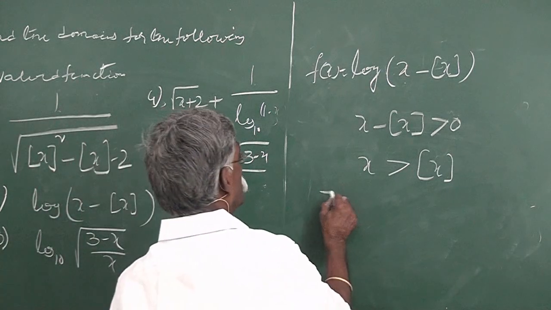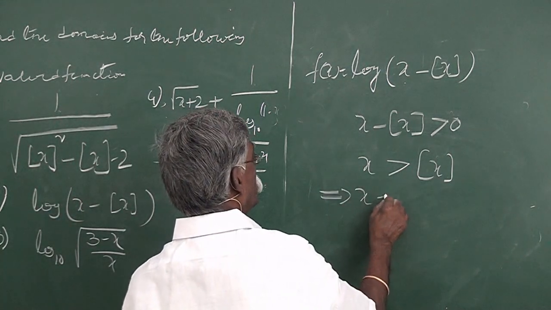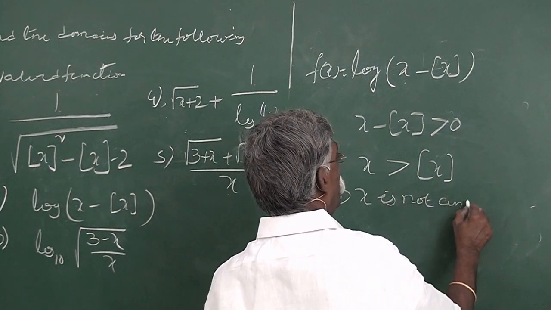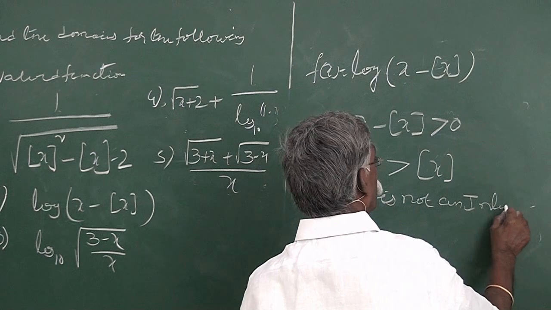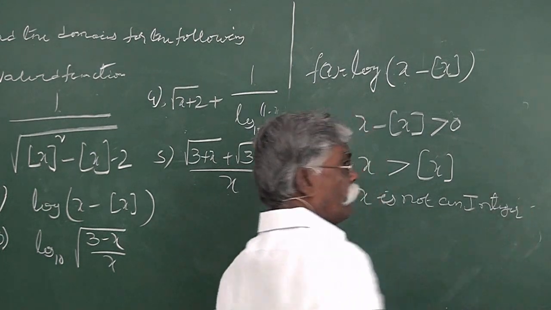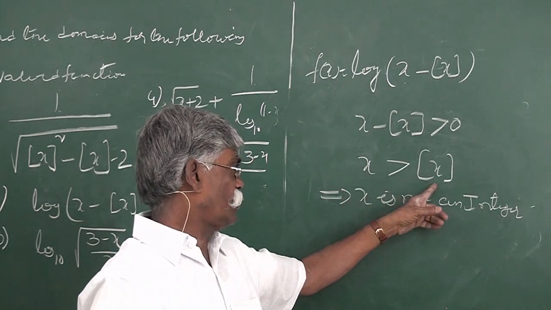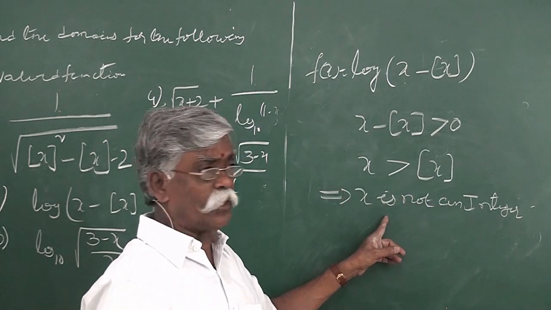This implies x is not an integer. Because [x] is an integer, x greater than [x] is possible only when x is not an integer.